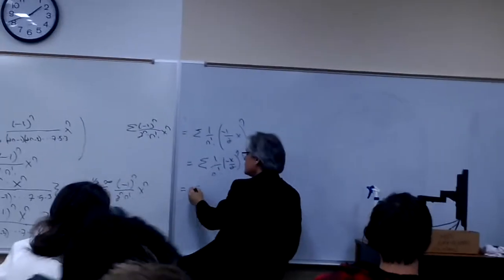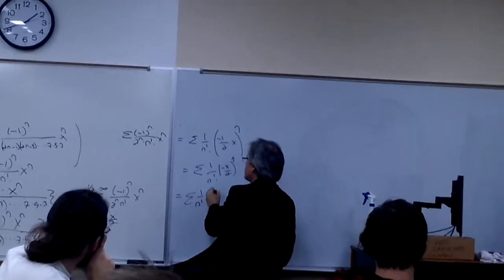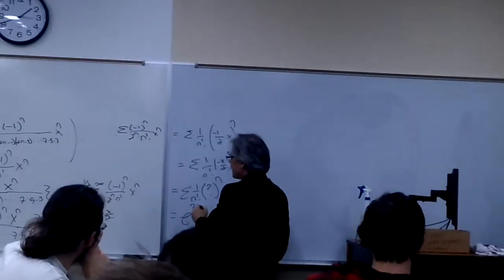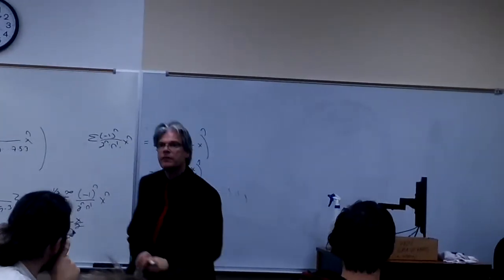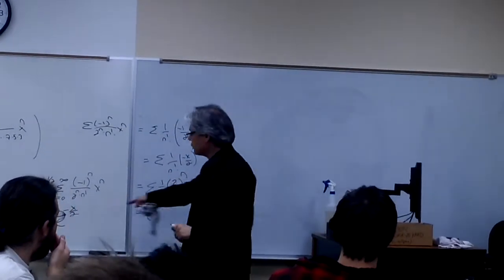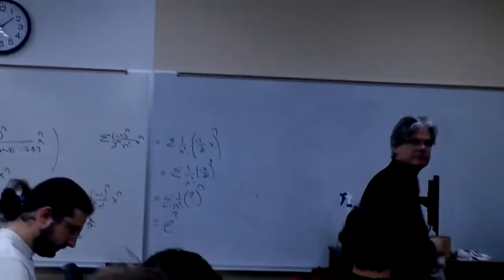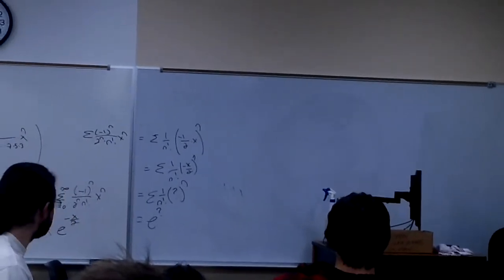Or shall I say, this is the sum of 1 over n factorial times question mark to the n, but doesn't that mean I've got nothing more than e to the question mark power? It's just that the question mark power was negative x over 2, so I substitute it back in. Does that make you happier?